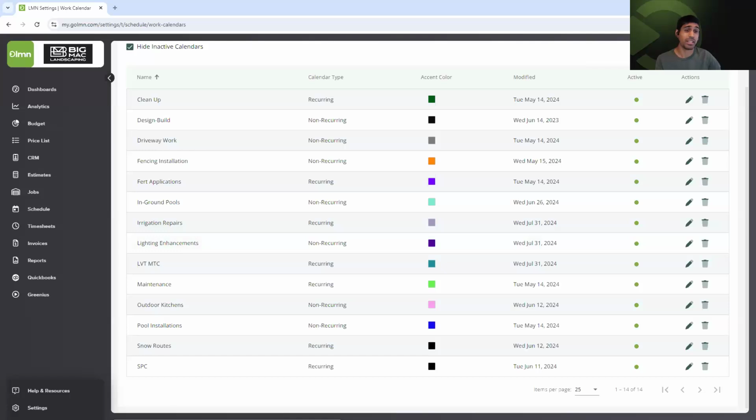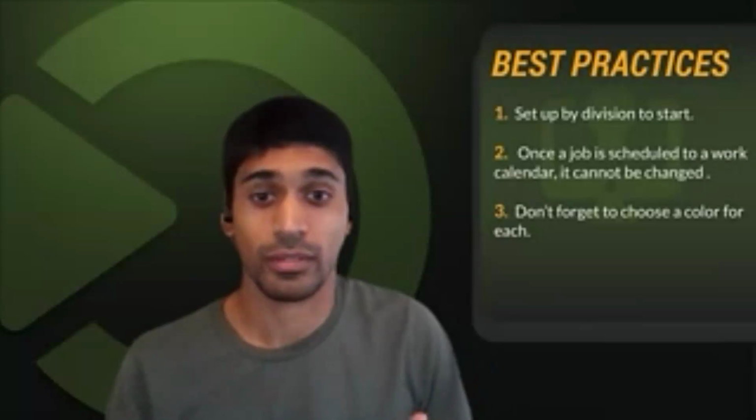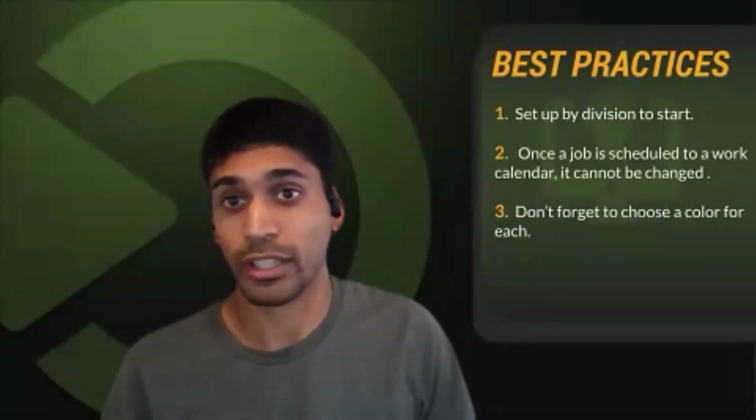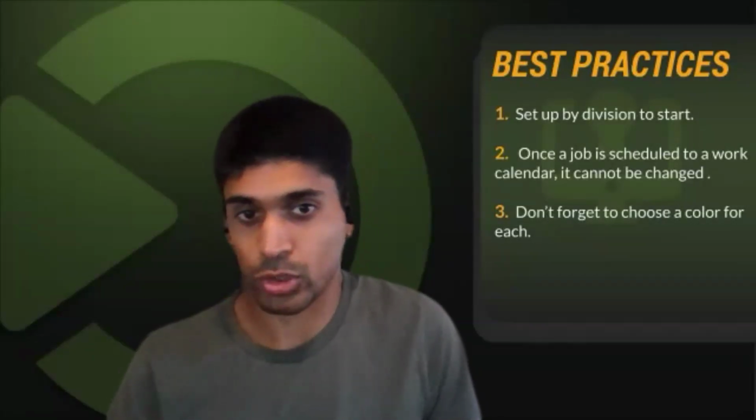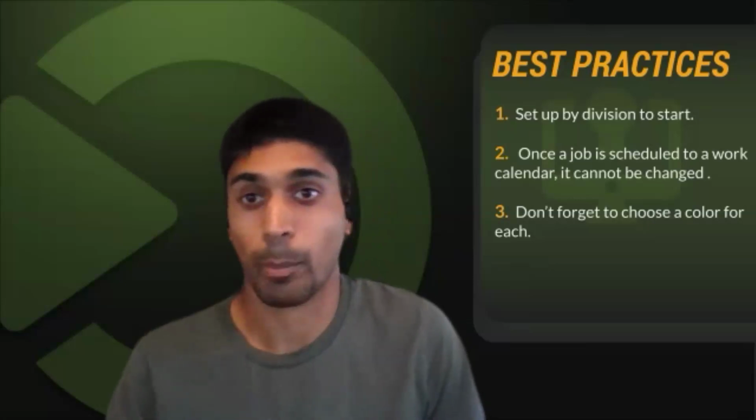Okay, so that is basically the first main pillar. So here's just a reminder of some of those best practices. Remember to set these up based on the division or key focus point of work that your company is going to be providing to your end clients. At the same time, once a job is scheduled onto a work calendar, it cannot be changed.